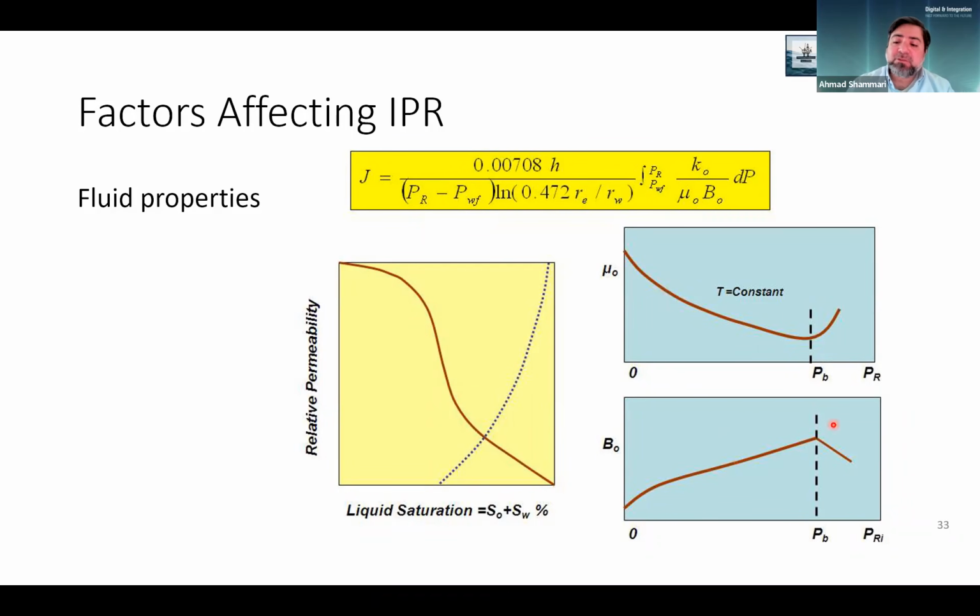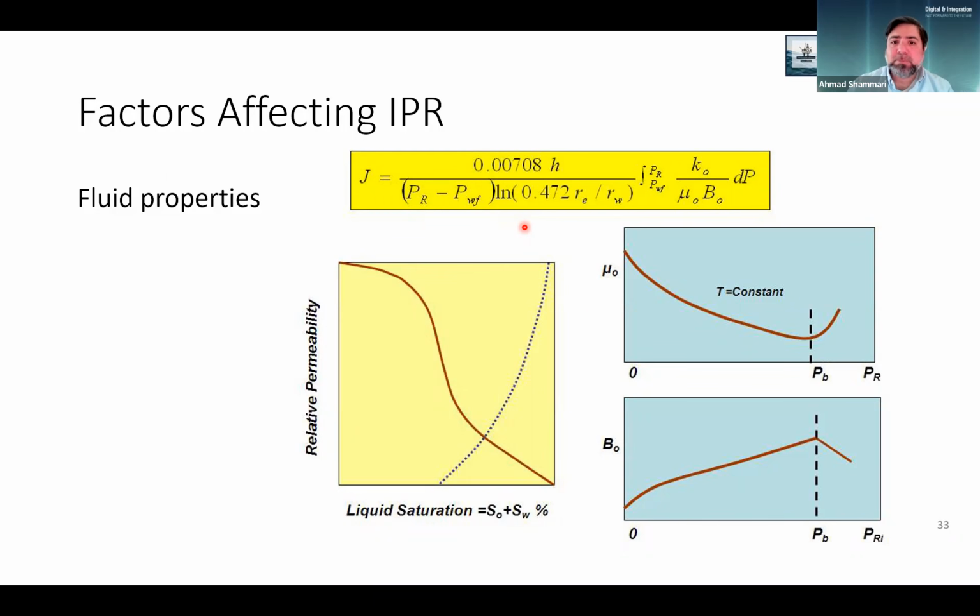And also the formation volume factor, the relative volume of oil due to compression and so on, all that affects the IPR calculation. So fluid properties, that's the first one, and that's why normally we need to enter correct fluid properties if we are using the analytical methods.